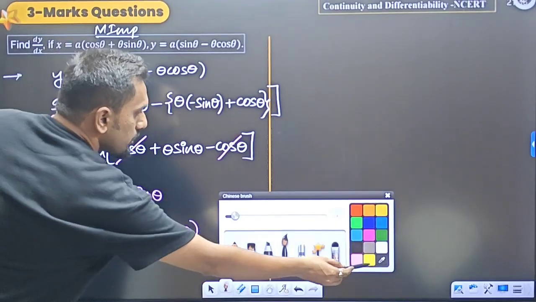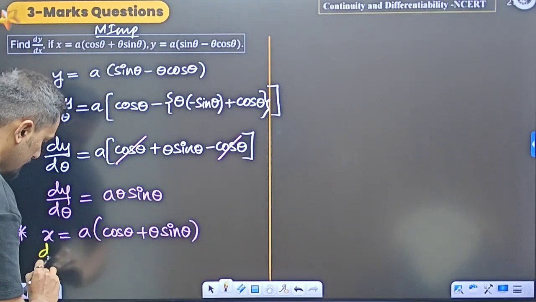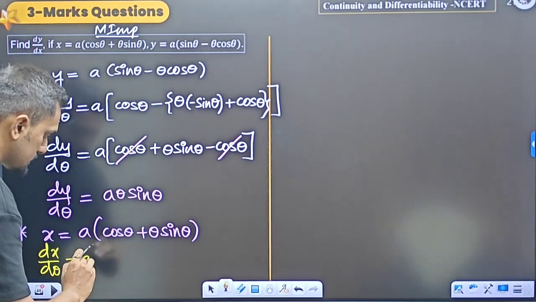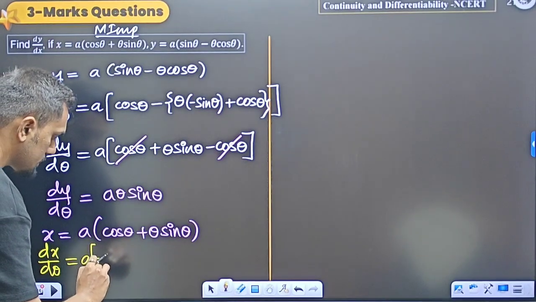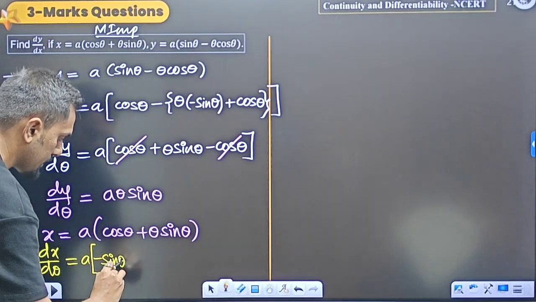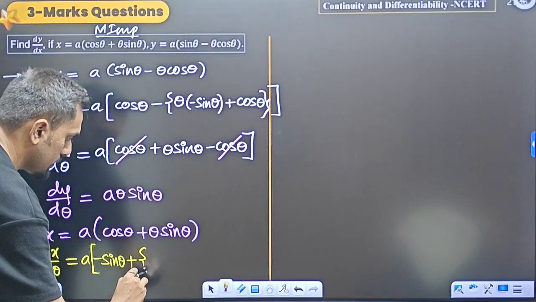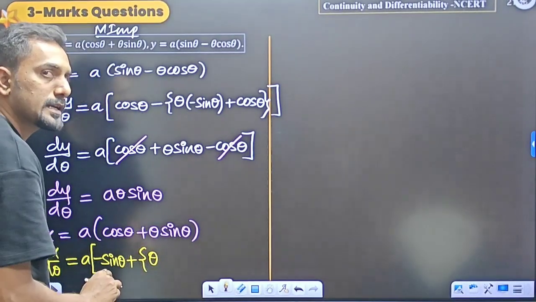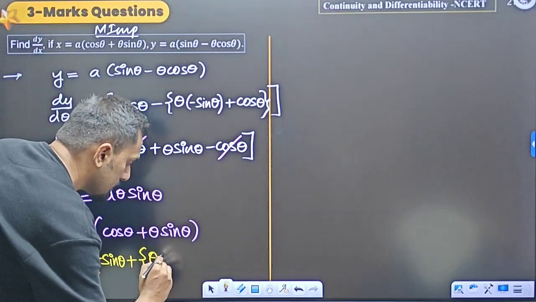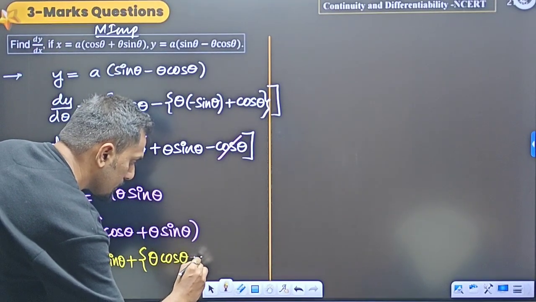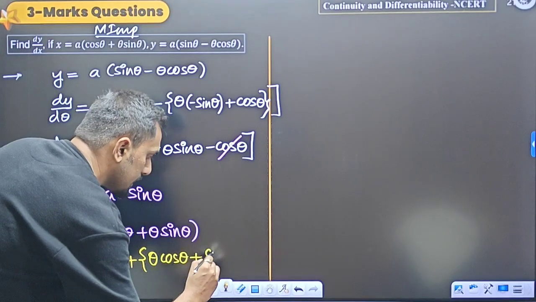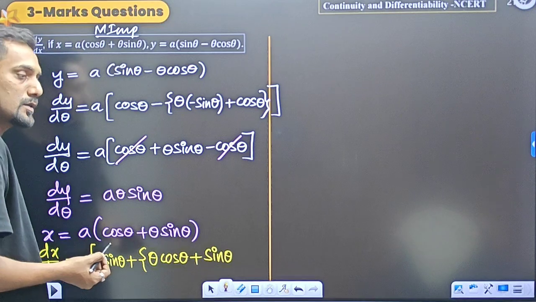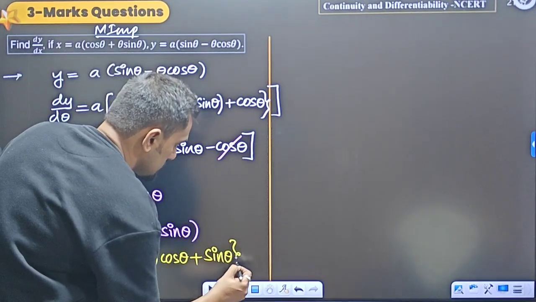So again I will differentiate this with respect to theta. dx by d theta is equal to a, a is a constant, keep it as it is, derivative of cos theta is minus sin theta, plus let me use the product rule to differentiate these two functions. Theta is the first function, keep it as it is, derivative of sin theta is cos theta, plus second function as it is, sin theta as it is, into derivative of theta with respect to theta is 1.